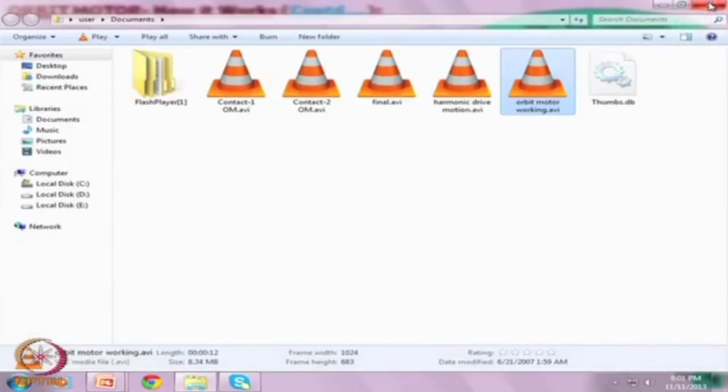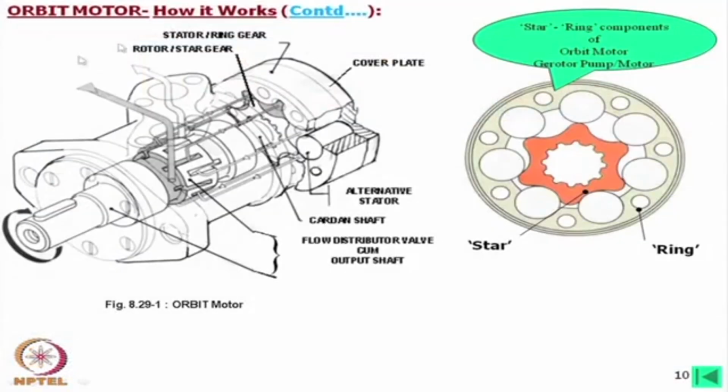Now, with respect to that, if we look into these machines, this is the star member and this is the envelope, the lobe member. This member can be an integral part or we can use a separate roller. This star is connected to a shaft by a joint which is called a Cardan joint, Cardan shaft.